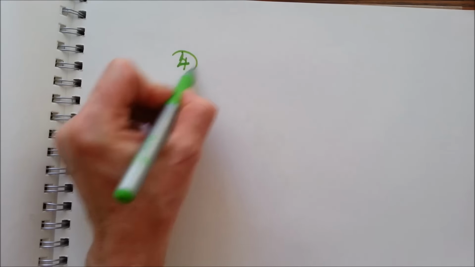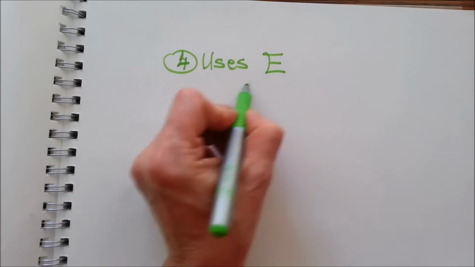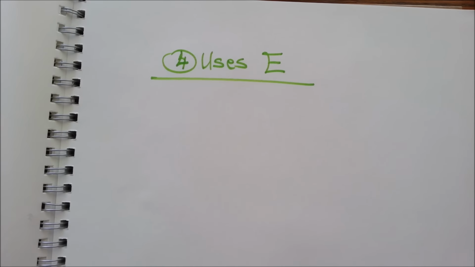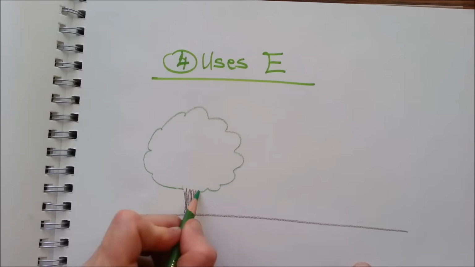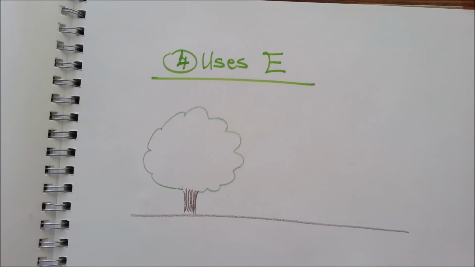The fourth characteristic of life is that all organisms use energy, and they can also pass energy to other organisms. Let's consider a nice apple tree.